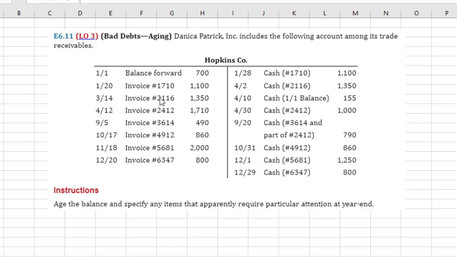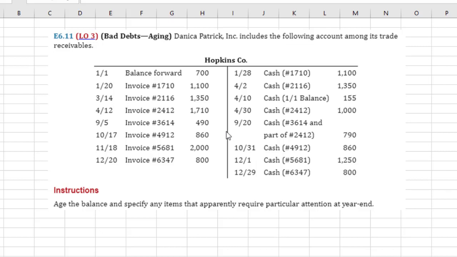So for example, you see that invoice 1710 was paid in full on January 28th. So you could kind of scratch that out. That's no longer due. Then you see invoice 2116 was paid in full on April 2nd.